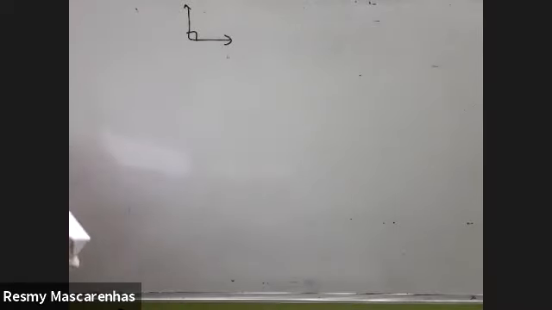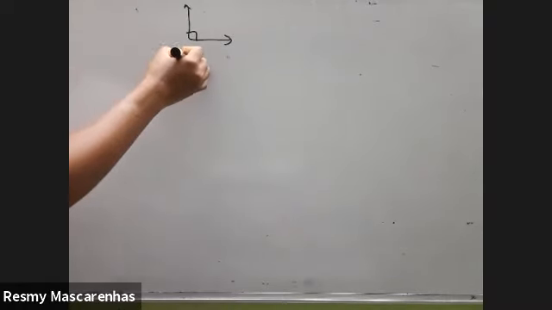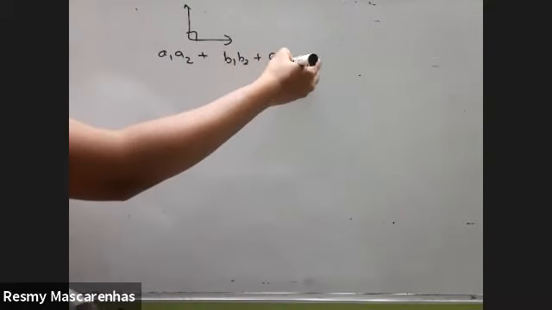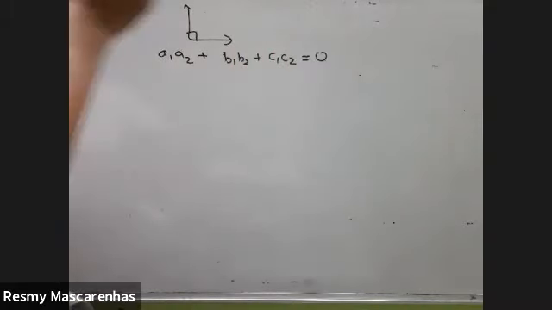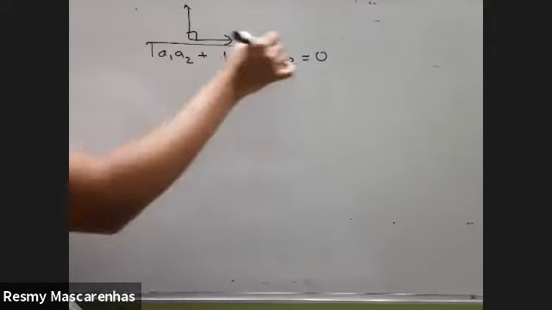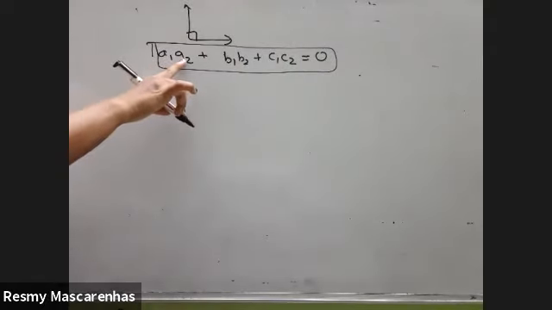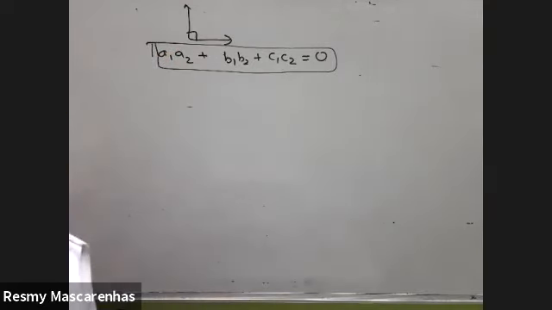So whenever I tell you any two lines are perpendicular, the relation between their direction ratios is always A1 A2 plus B1 B2 plus C1 C2 is equal to 0. This is the condition for perpendicular lines. First direction ratio into the second line's direction ratio. So that's why find direction ratios of both the lines.